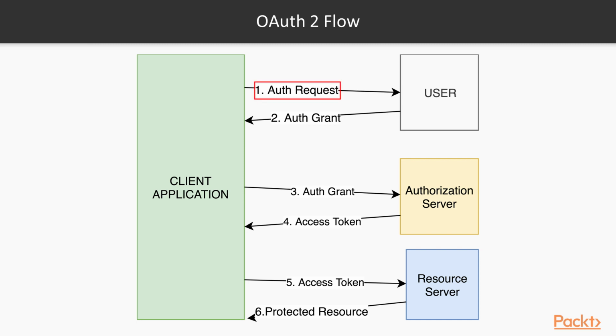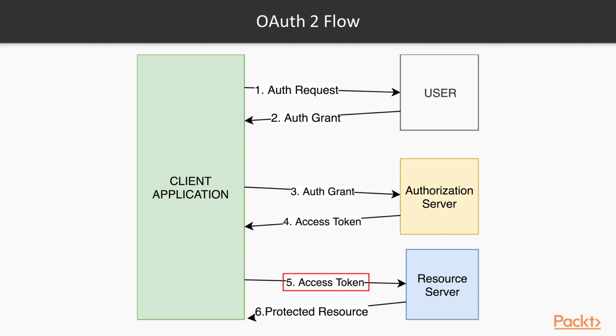At the beginning, user is issuing authorization. So he wants to go to our web page, but has no access yet because he didn't log in. So he is issuing authorization request. He gets authorization grant. So we know that this user is that specific user. But this is not enough. Using that authorization grant, we need to go to the authorization server to get access token.